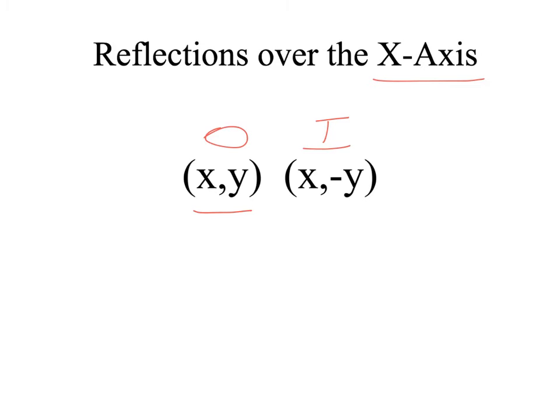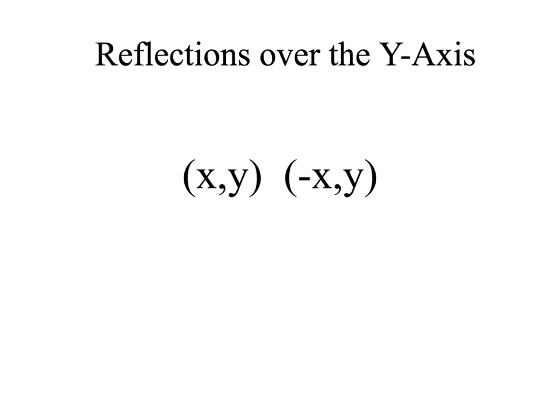So if we're flipping it over x, the y-coordinate is going to change signs. And just like we were talking about, now we're going over the y-axis, so our x-coordinate is going to change. So for a reflection over the y-axis, your x-coordinate changes signs. For reflections over the x-axis, your y-coordinate changes signs.